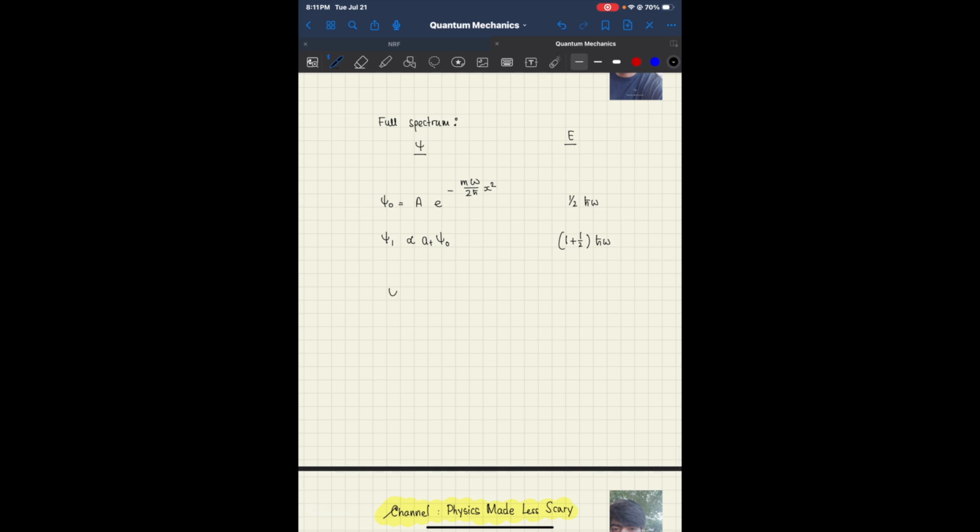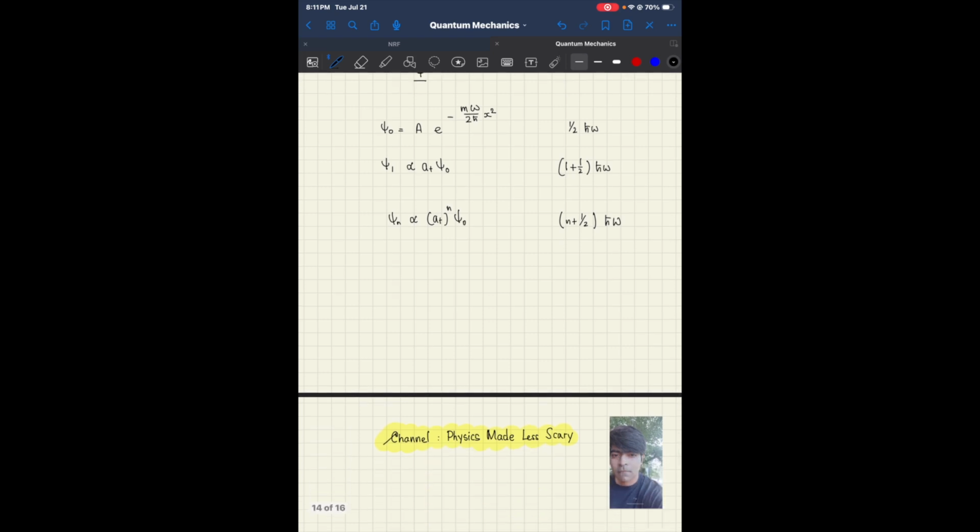So psi n generally is a plus to the n acting on psi 0, and it would have eigenvalue n plus half h cross omega. So this is a countably infinite eigenspectrum, because these are labeled by n equal to 0, 1, 2, 3, these n's.